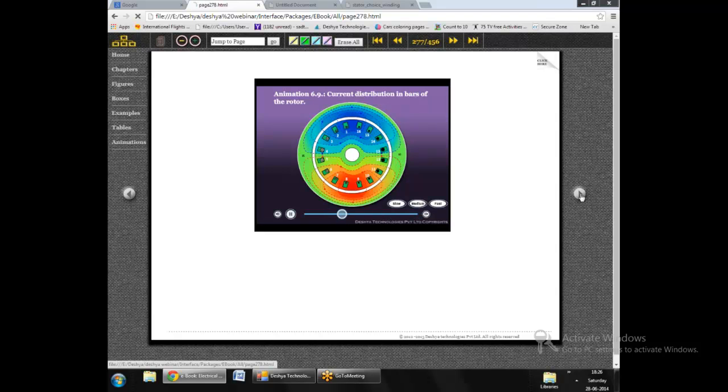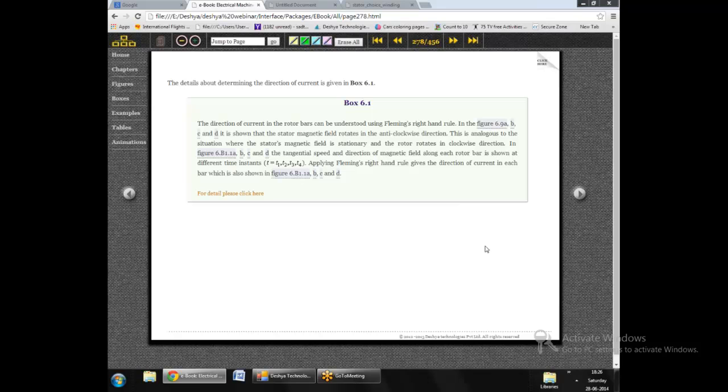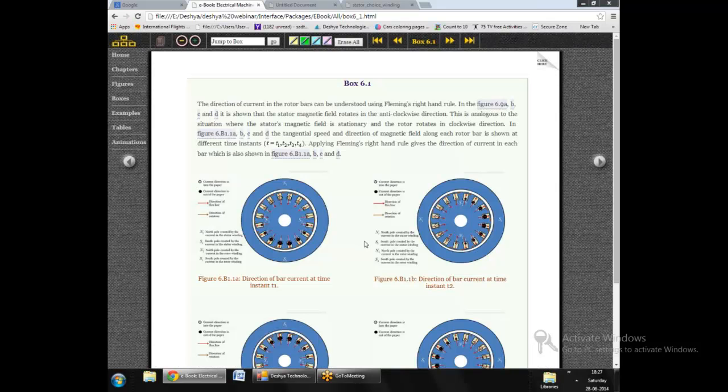Here we have to remember, since it's a cage rotor, the bars are short-circuited at both the ends, and hence the current has a path to flow. This can also be understood in detail by using Fleming's right-hand rule.